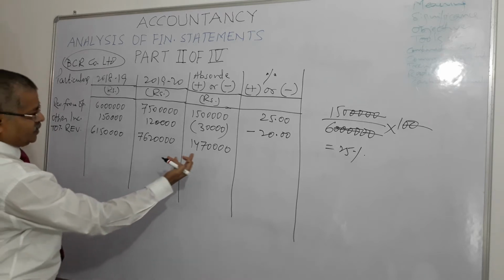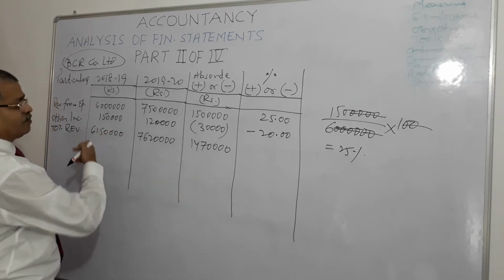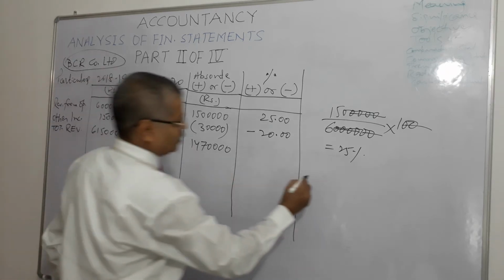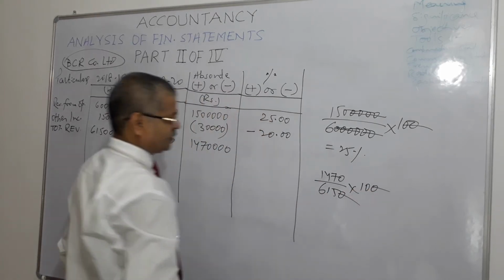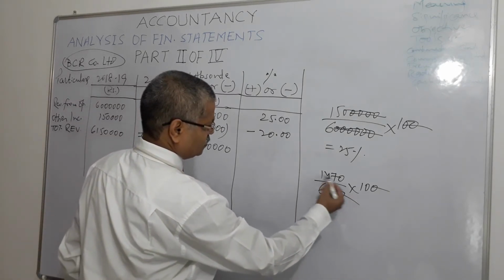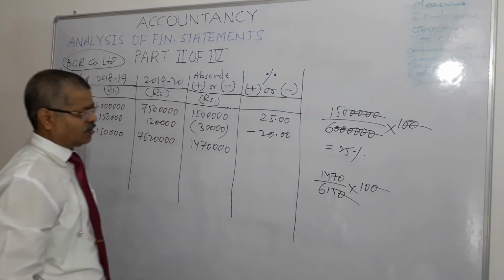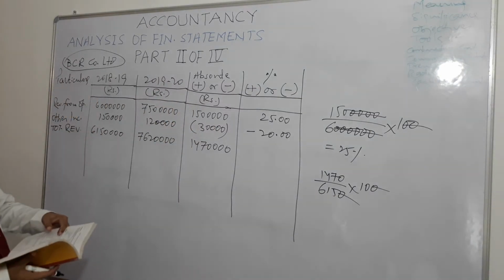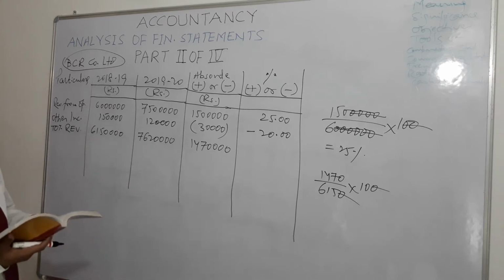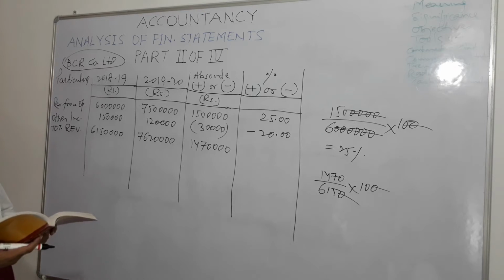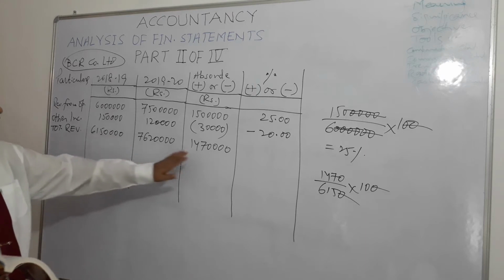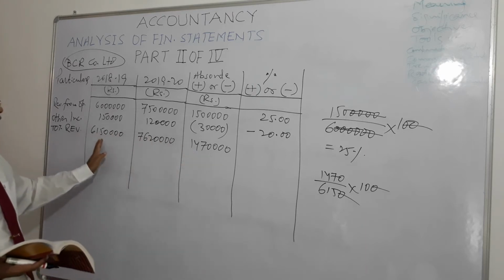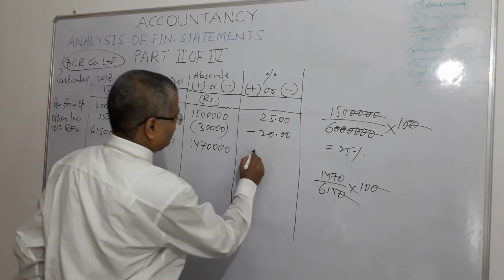Then this absolute increase as a percentage of total revenue, 14,70,000 as a percentage of 61,50,000, will be less than 25%. It is around 23.90, right?